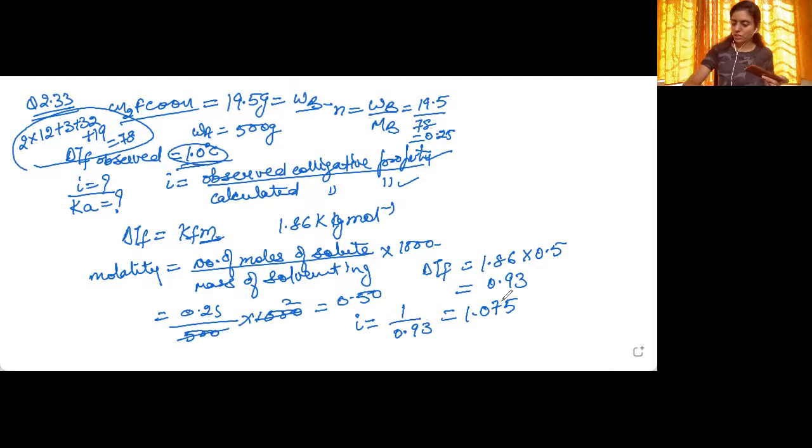So I'm just noting it down. 1.0753. Okay, we can take it up to 3. Right? I have created a mess on the screen actually. I'm so sorry. I will try to write it in a very clean way from the next time.